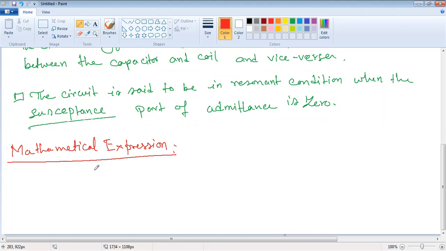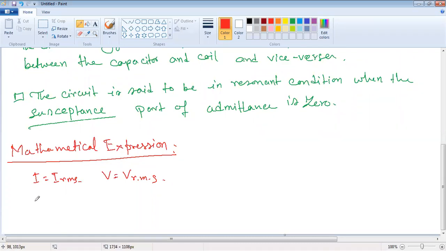Sorry, this is I. This I is the RMS value, and V is the RMS value. So we can write from the above circuit.